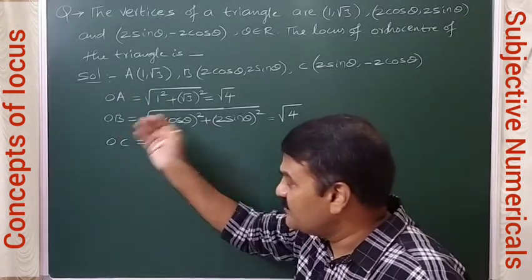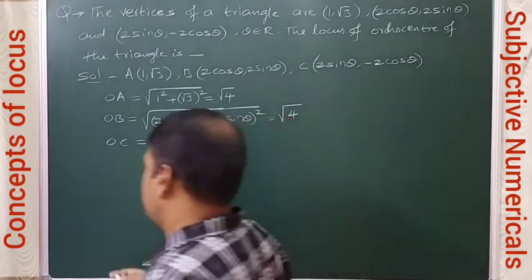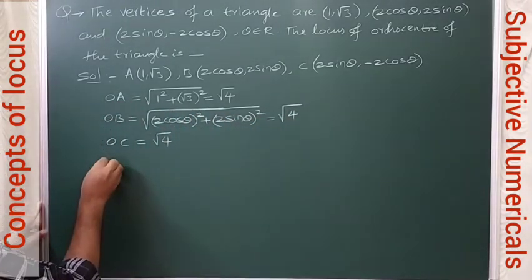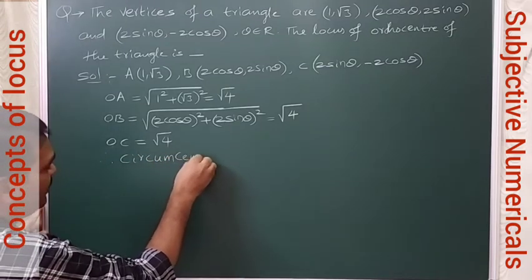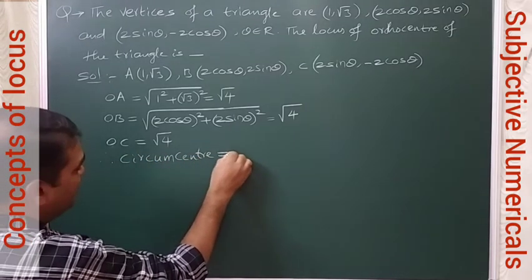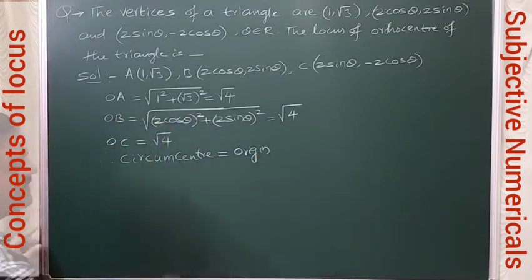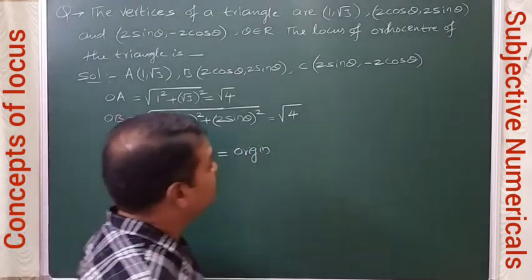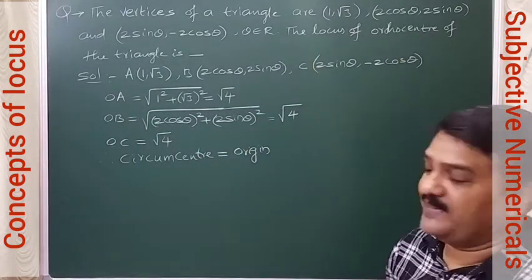So origin is equidistant from vertices means origin is the circumcenter here. Therefore we can conclude that the circumcenter of triangle ABC is origin. Locus of the orthocenter of the triangle is required.